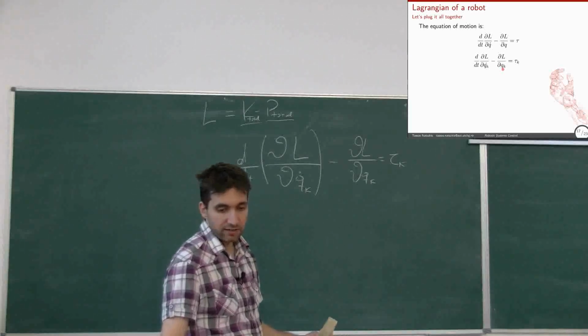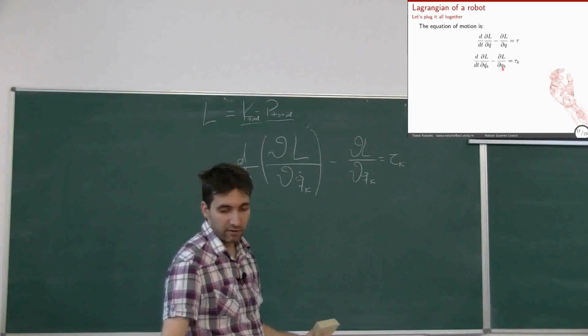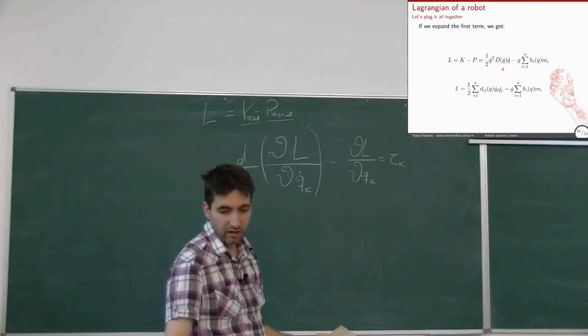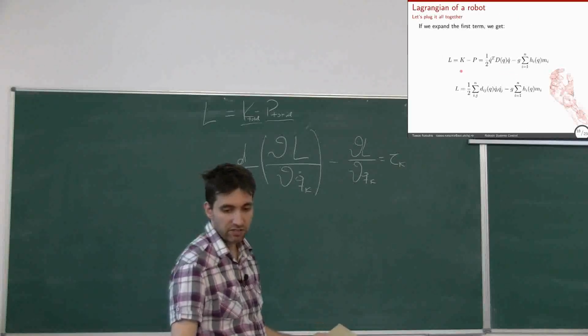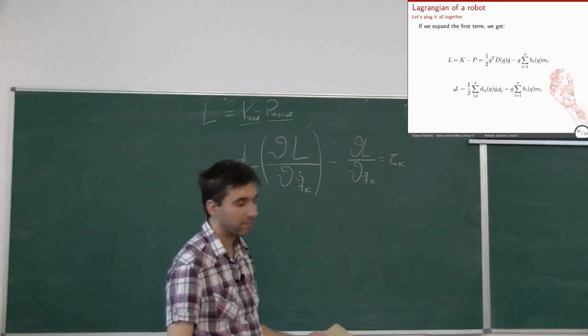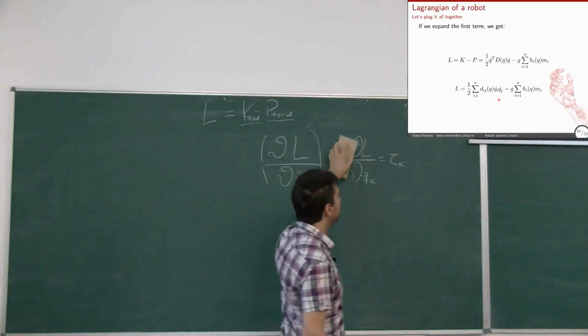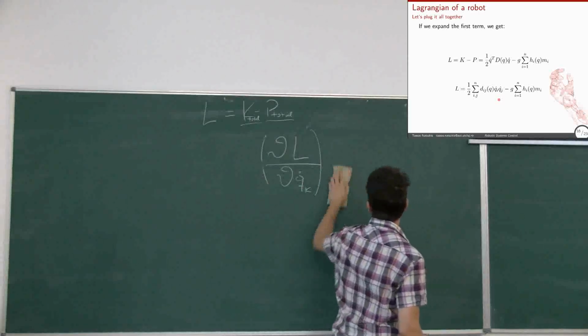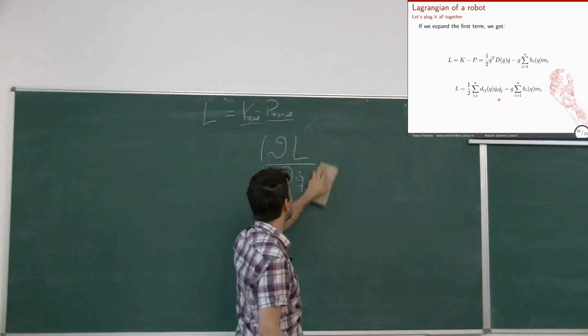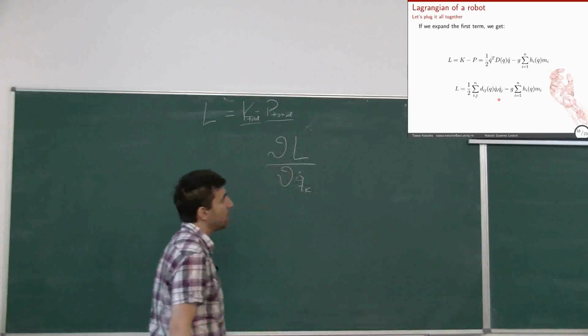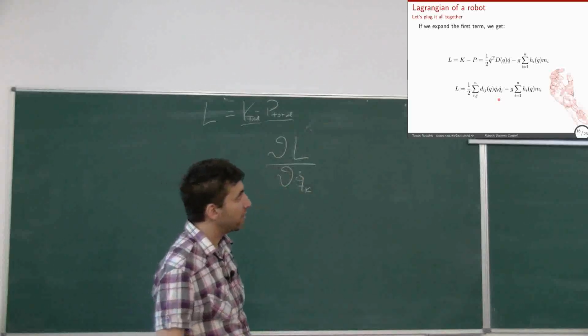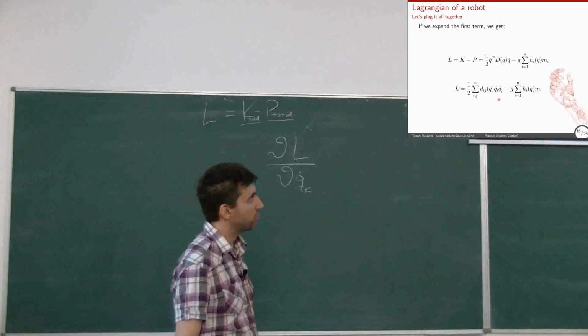Now, let's start seeing what these terms are. Let's see again how our Lagrangian looks like. So this is how our Lagrangian looks like. Okay? And let's start with this term here. How can I calculate this term with this Lagrangian?